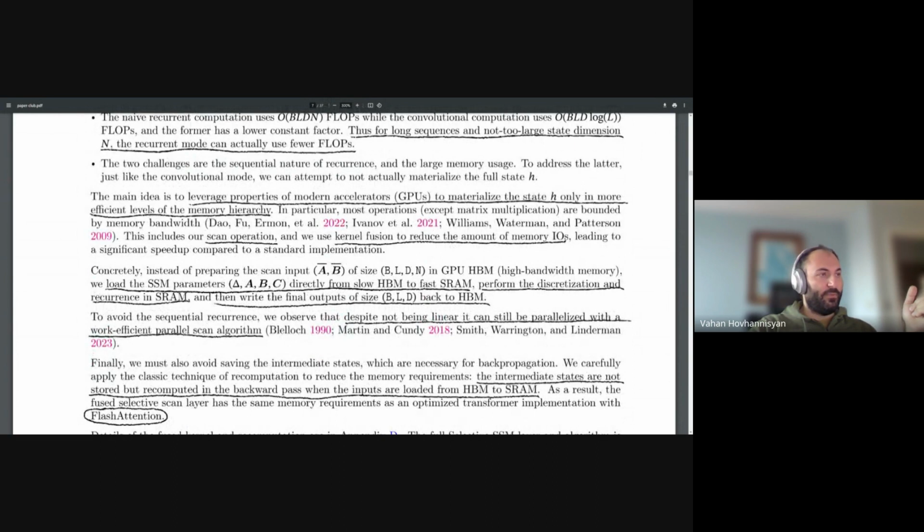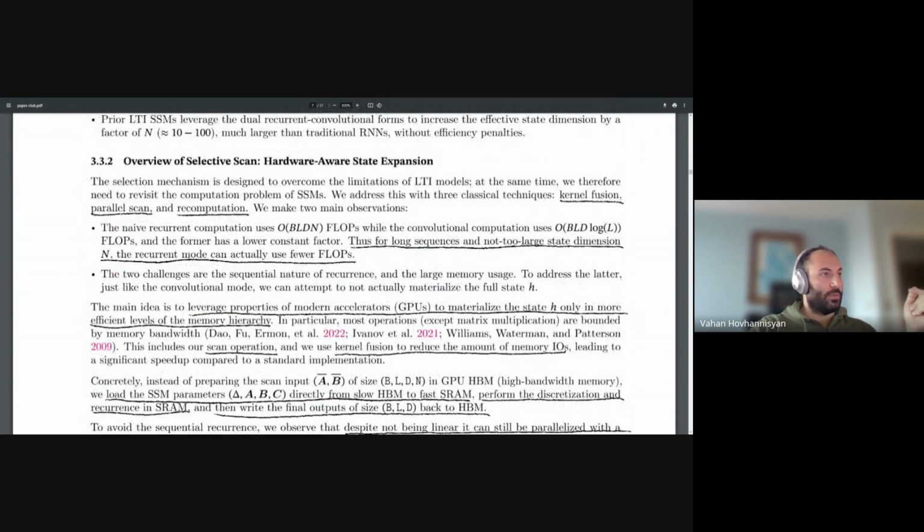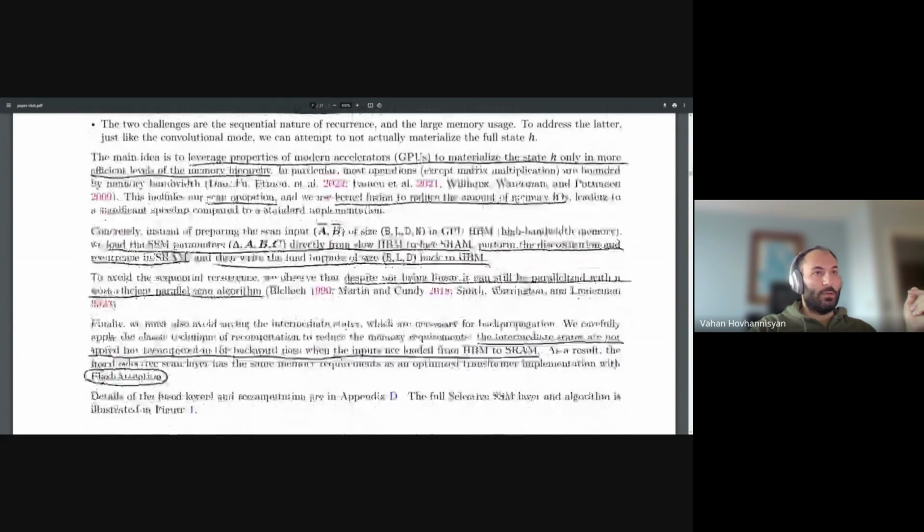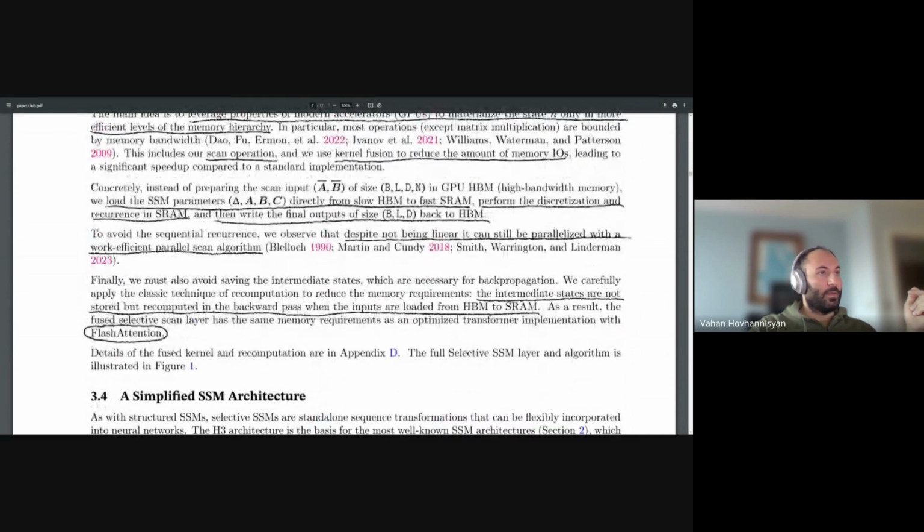The high bandwidth memory, this HBM, you can see it here, and there is SRAM. Now, this is the key of the implementation. They had to implement very low level algorithms because PyTorch's built-in RNN training doesn't enable this sort of efficient computation. So they had to actually implement a low level training here.